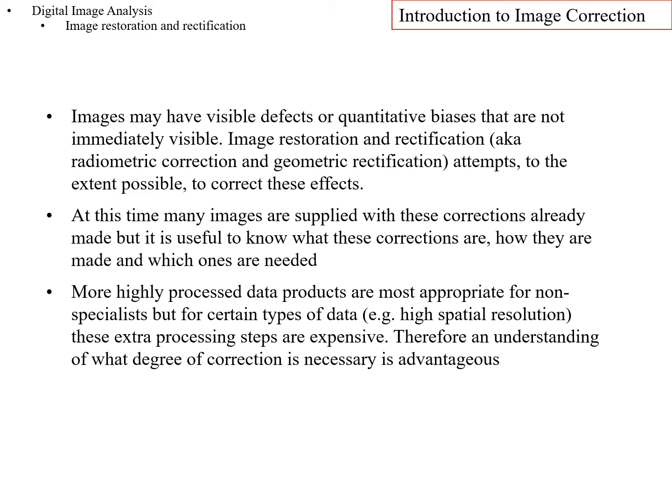They will provide you a base data product at one cost, but for higher levels of geometric correction or removal of image errors, they may charge you a higher price. And therefore, it's good to understand what degree of correction is necessary so you don't buy something that you don't need, and have an idea of what's involved so you may decide that you want to do the corrections yourself.